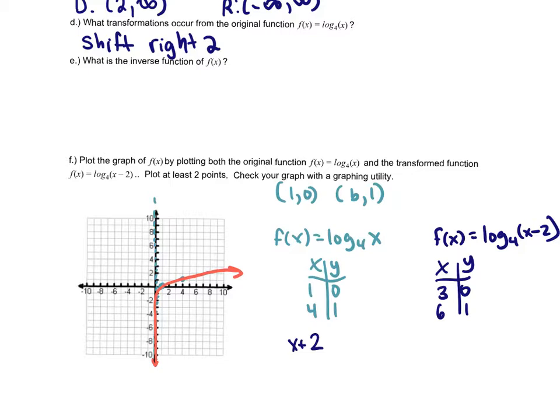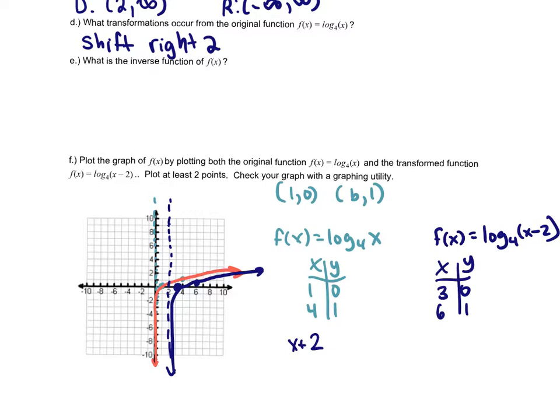The other thing I know is we have this asymptote at 2 now, because that got moved over by 2. So there's my new asymptote. So my intercept 3, 0, which I knew from before, and 6, 1 is my new point. So this new graph is going to look something like this. So you can see the red got moved over 2 to get our graph.